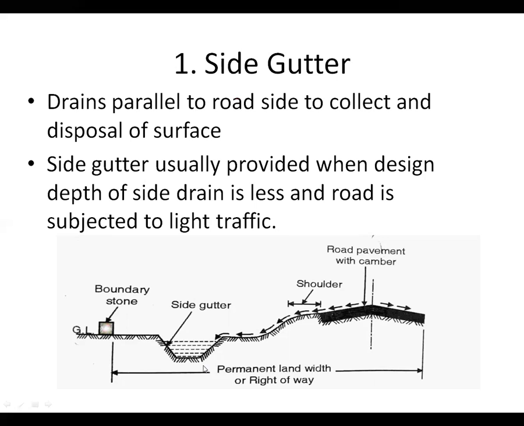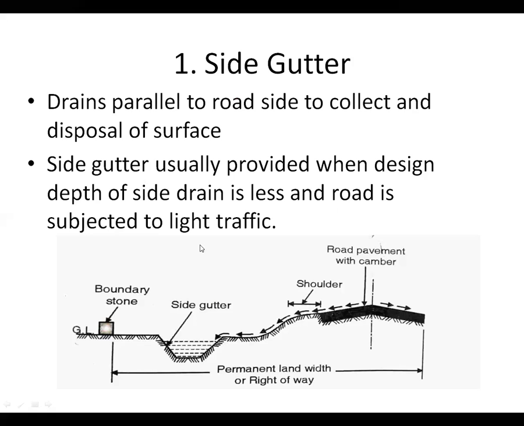so this is the simplest way when the portion of the surface is at a higher level and the gutter is provided at the lower level. In that situation we provide this kind of system, which runs parallel.